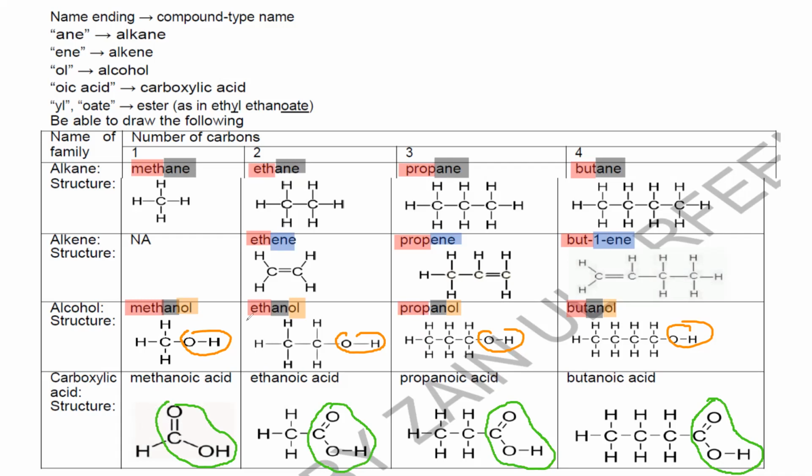This is having 1 carbon, so it should be meth, because there is only 1 carbon. Single bond between, like we check between the 2 carbon atoms or carbon and hydrogen, there is a single bond. Not with carbon and oxygen, even though there is a double bond, we don't consider that. So it is meth due to single bond, they have a single, and due to the carboxylic group, that is oic acid. So methanoic acid.